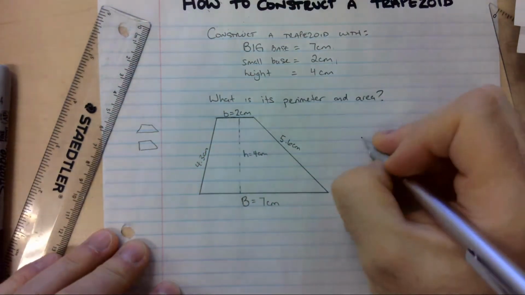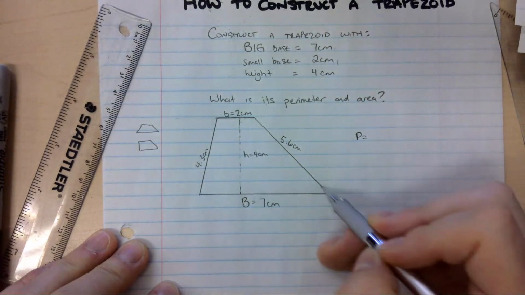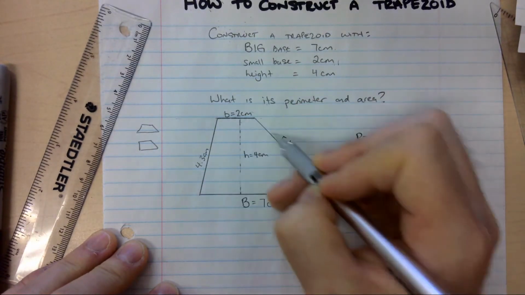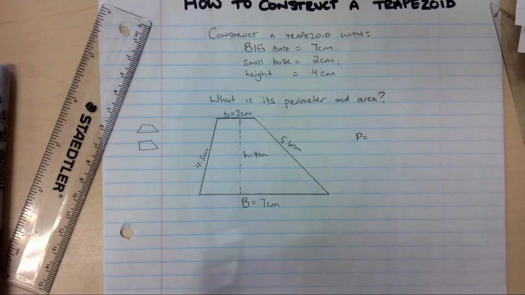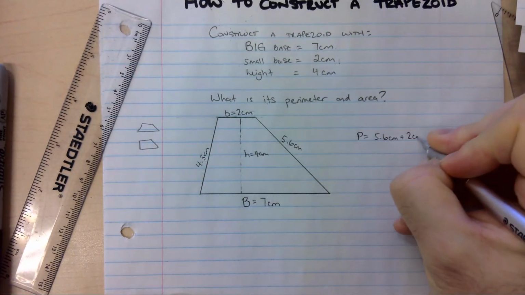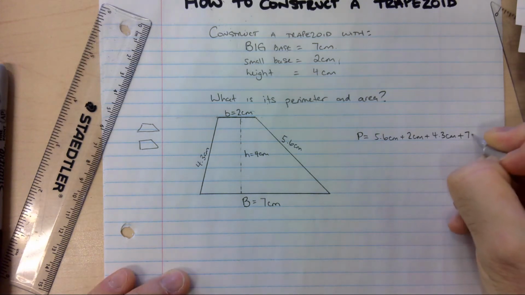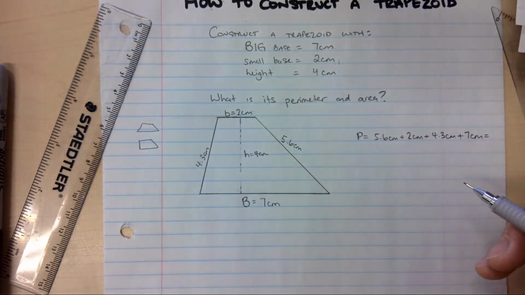So to find perimeter, I'm going to add up all four sides. Perimeter is always adding up all of the outside. So I'm going to do 5.6 centimeters plus 2 centimeters plus 4.3 centimeters plus 7 centimeters. I'm always showing my thinking so my teacher knows how I got my answer.